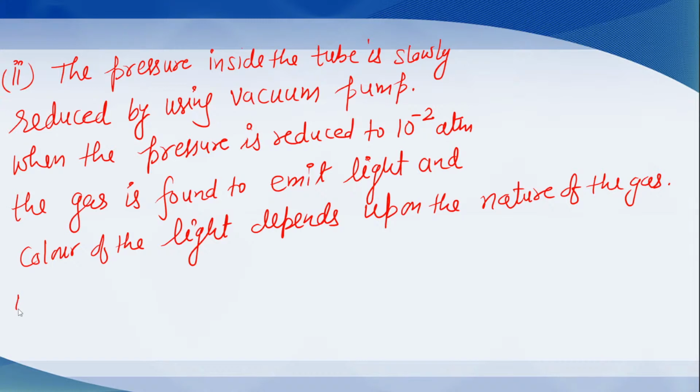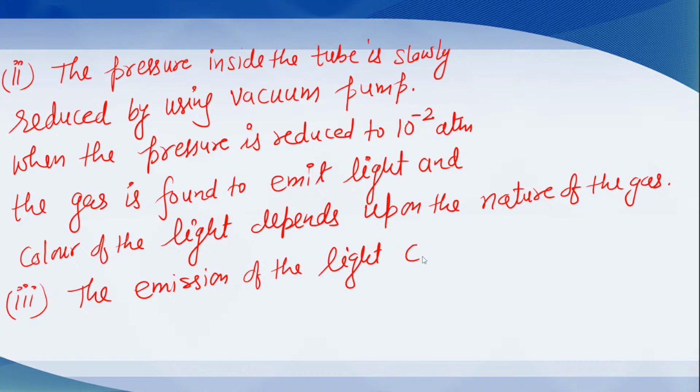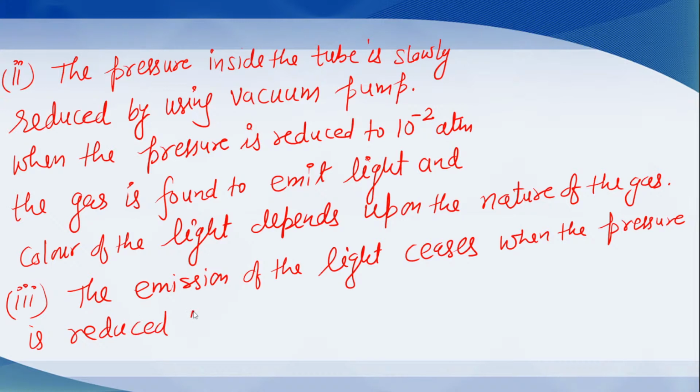Now, next observation. The emission of light is observed at 10 raised to power minus 2 atmosphere. The emission of light ceases when the pressure is reduced to 10 raised to power minus 4 atmosphere.